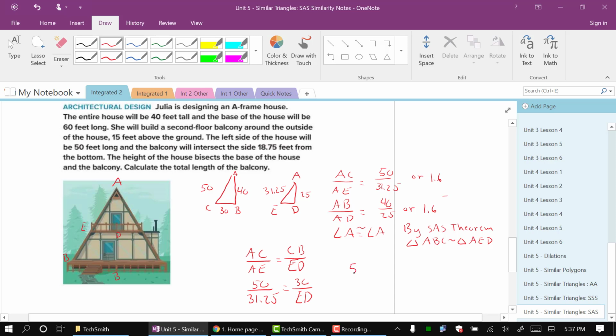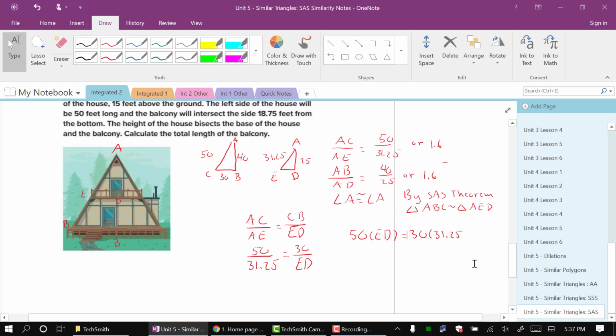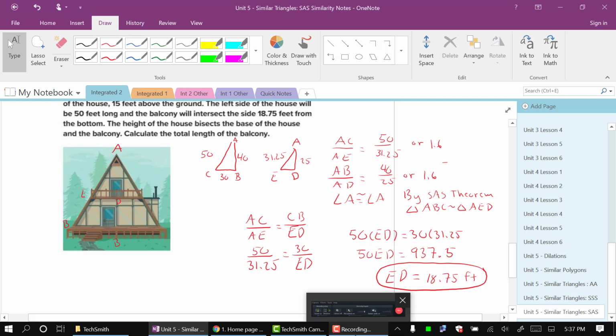Cross multiply, that gives you 50 ED equals 30 times 31.25. Multiply that out, and 50 ED equals 937.5. Divide by 50 gives you ED has a length of 18.75. So first we find if the two triangles are similar, and if they are, then we can work out the rest.